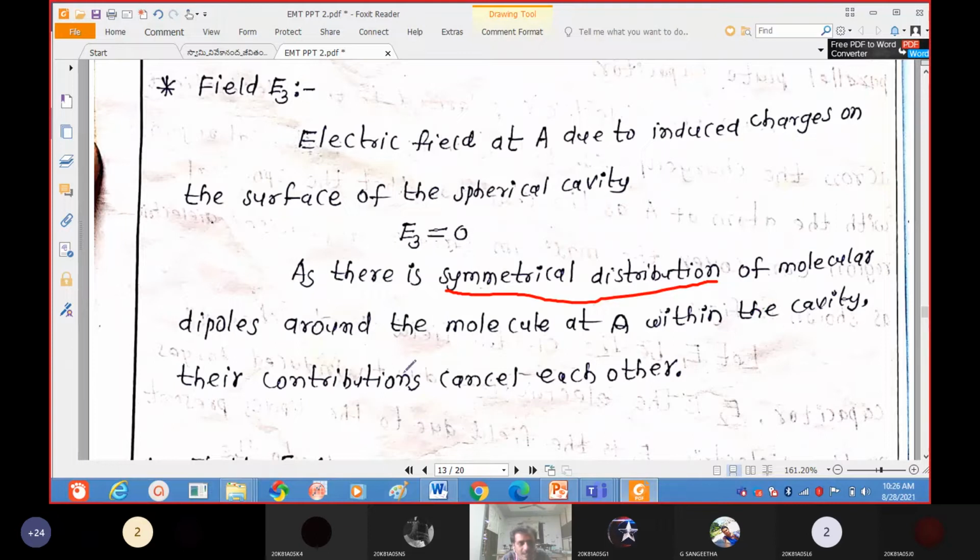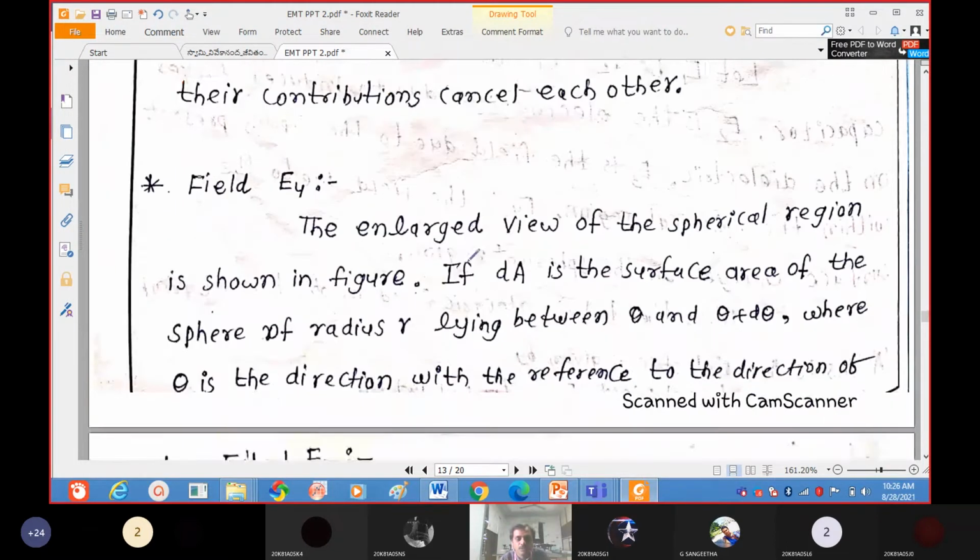Each molecule or atom will act as one dipole. Since this is a symmetrical distribution, the resultant electric field inside the spherical cavity is 0. E3 is equal to 0. Now E4.